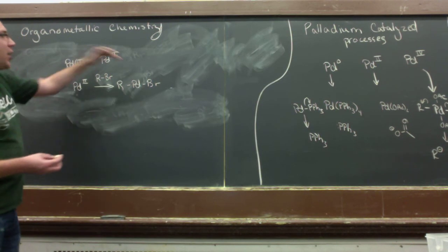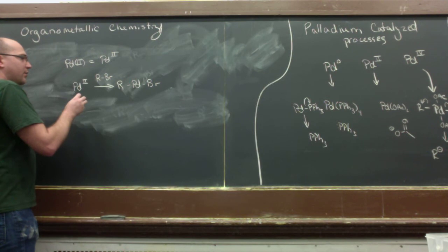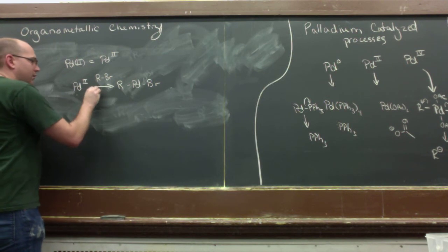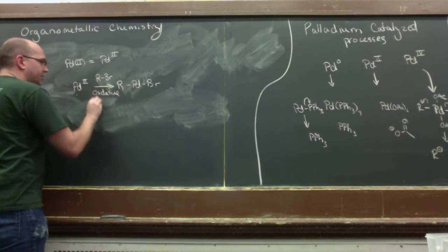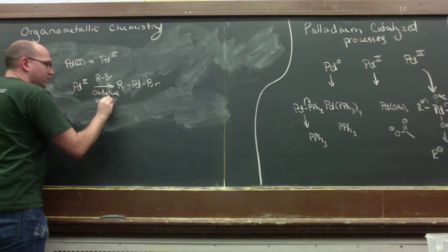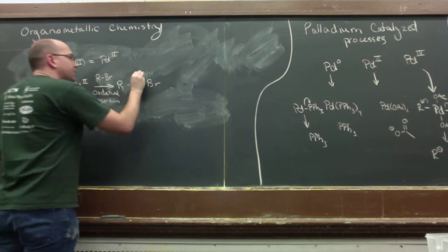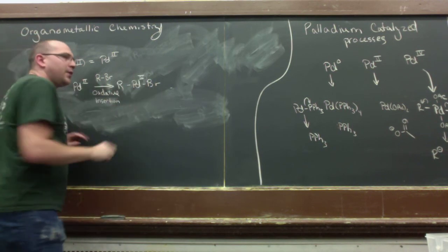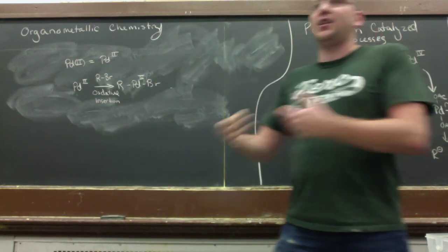And so this process that we have going from here to here is what we call an oxidative insertion. Because we start with palladium-2, and what we have over here is palladium-4. And if you think about what the term oxidation means, remember the oil rig, oxidation is loss.